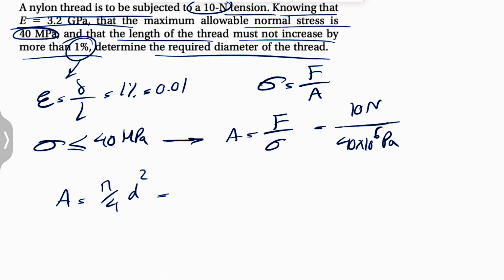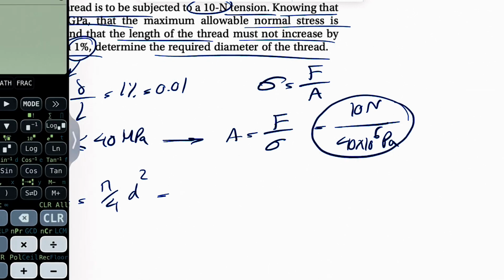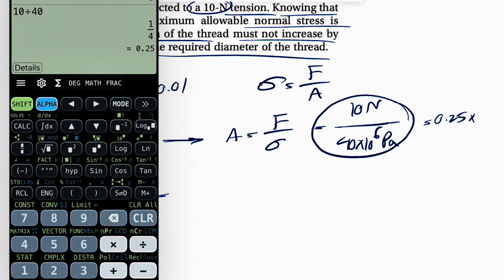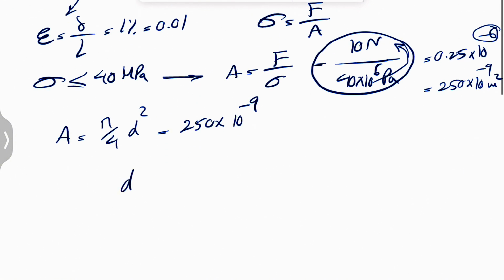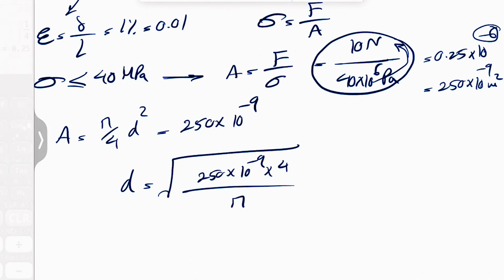So it's 0.25 times 10 to the minus 6, which is 250 times 10 to the minus 9 meter squared. From here, we can find the diameter, which is the square root of 250 times 10 to the minus 9 times 4 divided by pi.